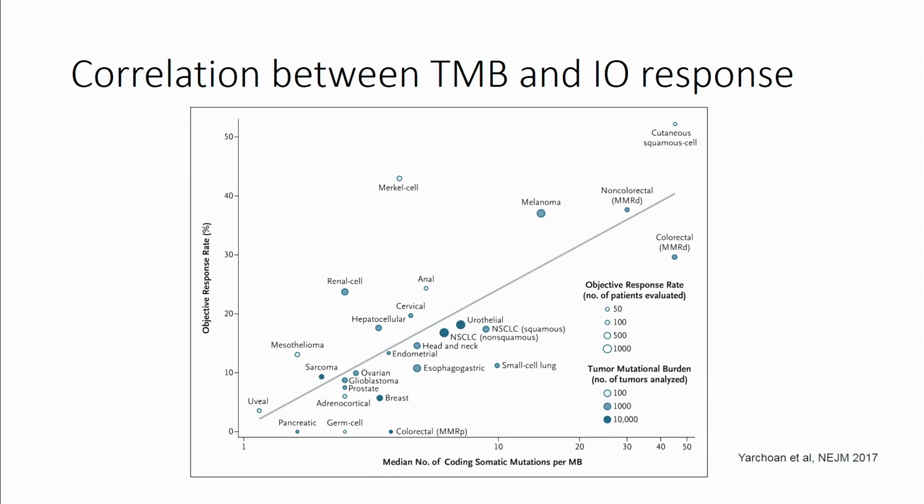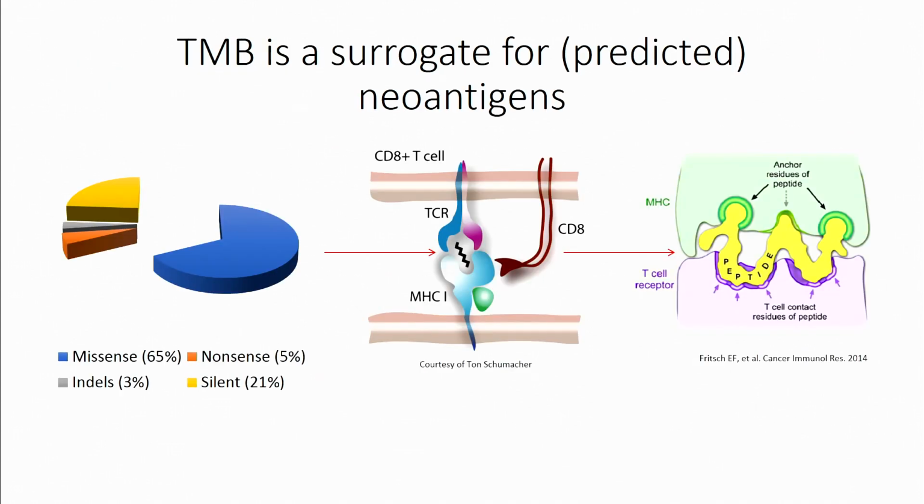I think the poster child for TMB is the mismatch repair deficient tumors, both colorectal and non-colorectal, which are associated with not hundreds but thousands of mutations, having a very high level of response to immune checkpoint blockade. And these tumors, as you know, we now have FDA pan-cancer approval for, based on a high tumor mutation burden.